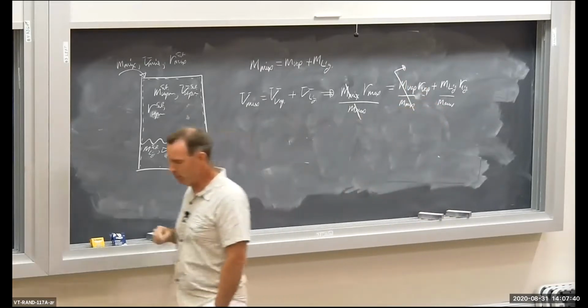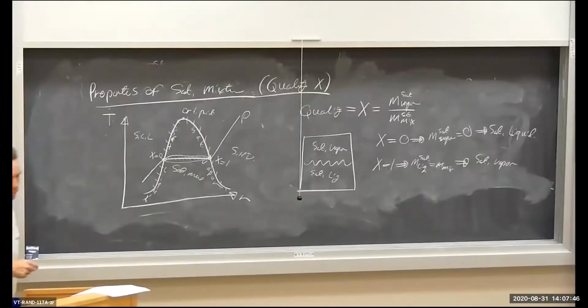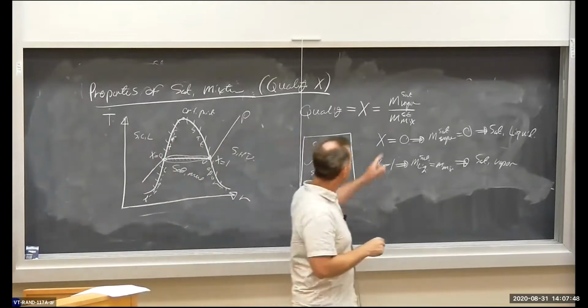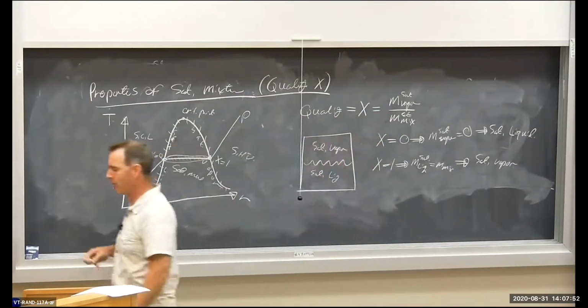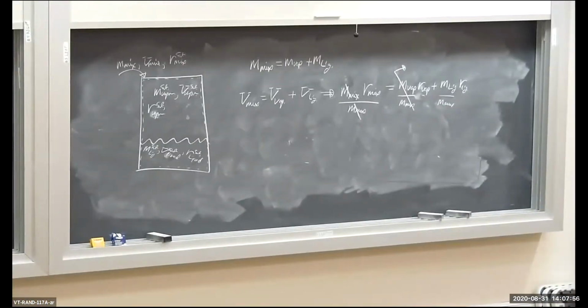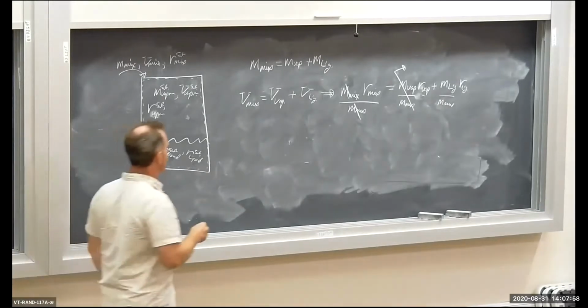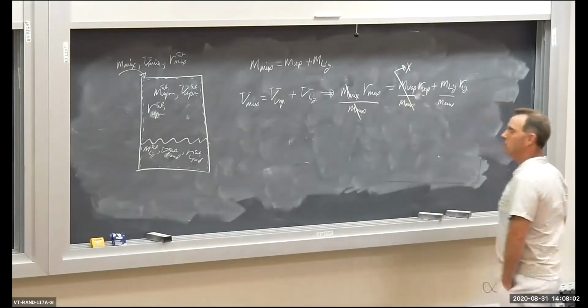Mass vapor over mass mix, that is my quality. Mass of the saturated vapor over mass of the saturated mixture, that is my quality. So I'm going to replace that with an X, quality.